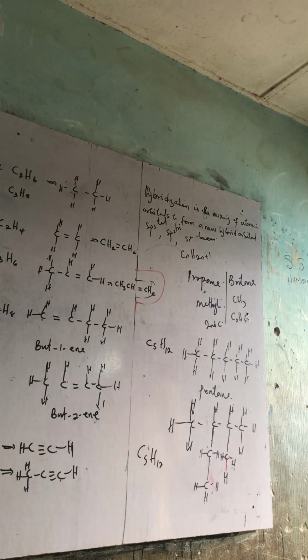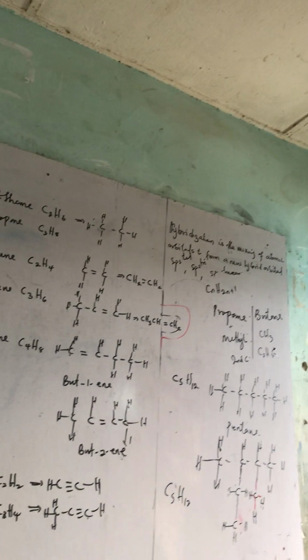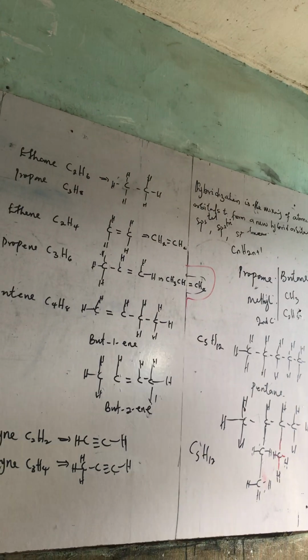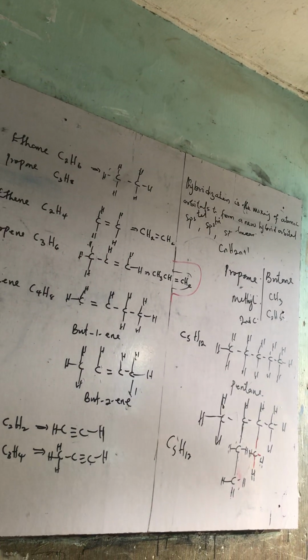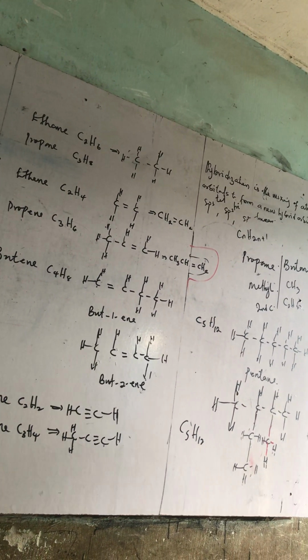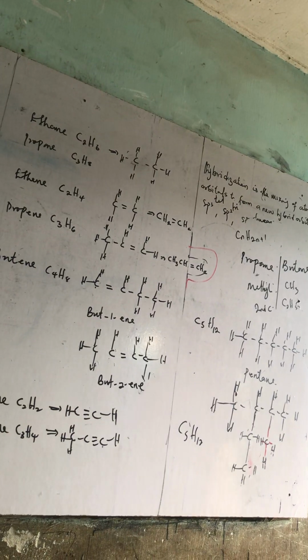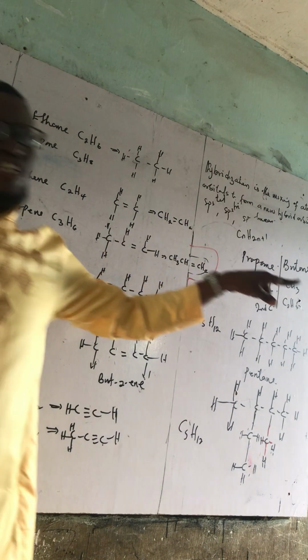How do we name this? The first thing you have to do is to count the longer chain. So the longer chain here is 5: 1, 2, 3, 4, 5. You cannot count 1, 2, 3, 4 because the rule says count the number of carbon along the longest chain.